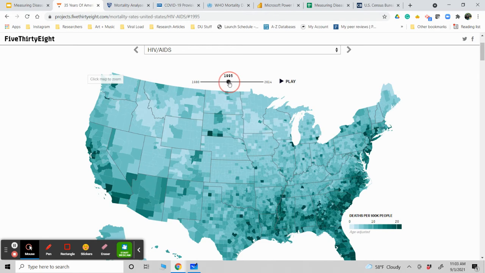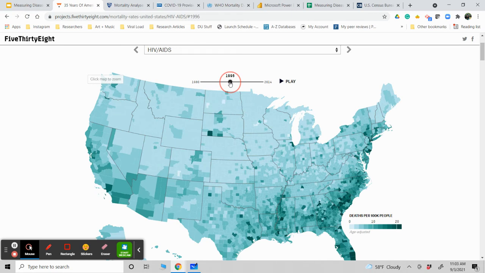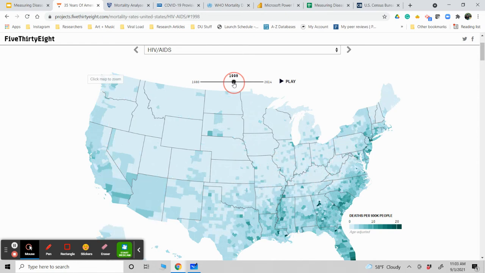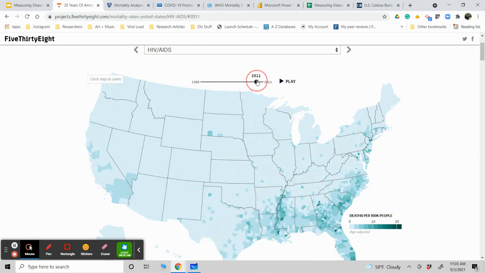And just like with that figure that we played around with last class, looking at incidence and prevalence to describe HIV, we know that some pretty big changes happened in the mid-1990s. Good medicines developed, good public health interventions utilized, and we see that mortality rate starts to steadily decrease.